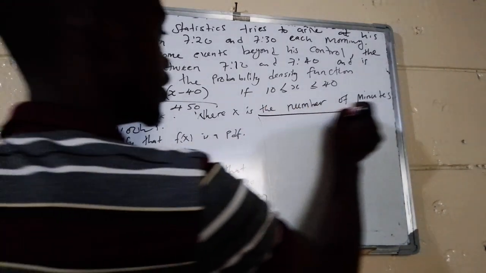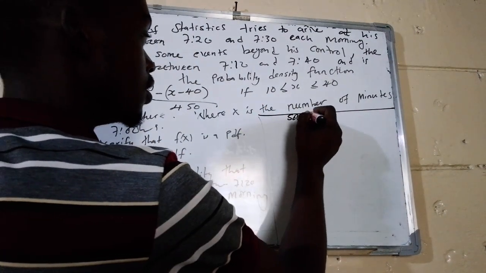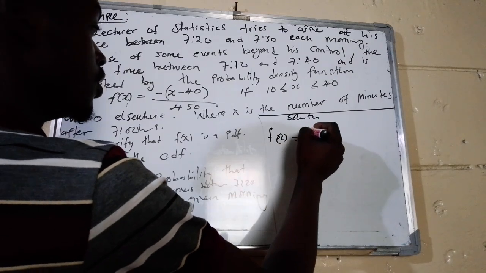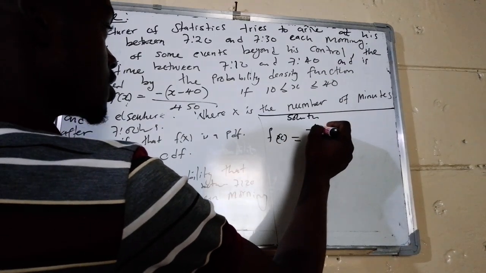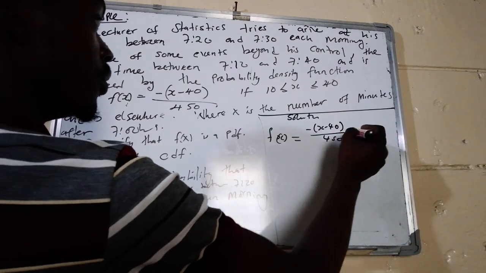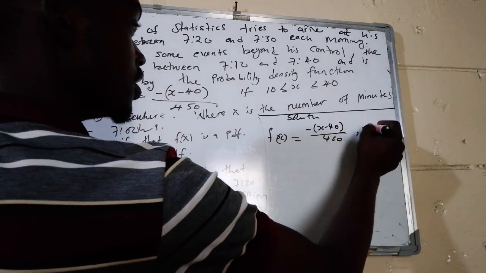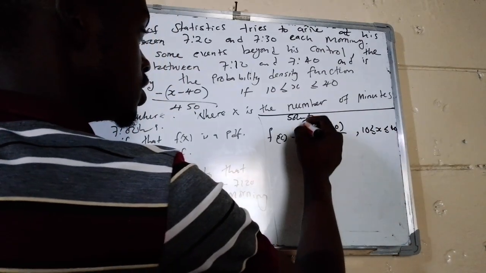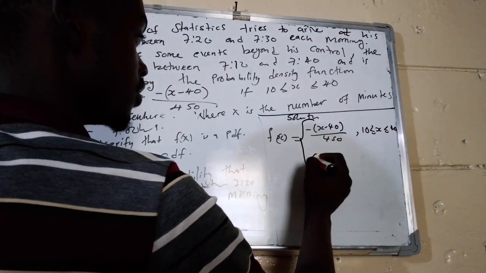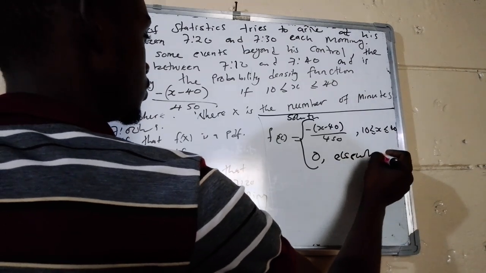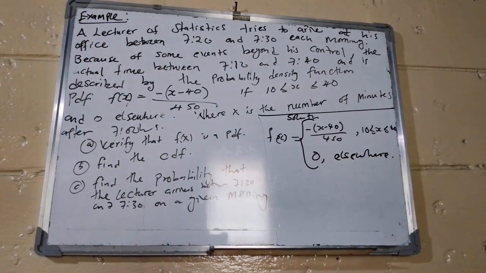If you are rewriting your PDF, f of x is equal to negative x minus 40 over 450 with the interval 10 less than or equal to x and x less than or equal to 40. So this is the PDF and we're simply saying it is 0 elsewhere. That's the interpretation for that.